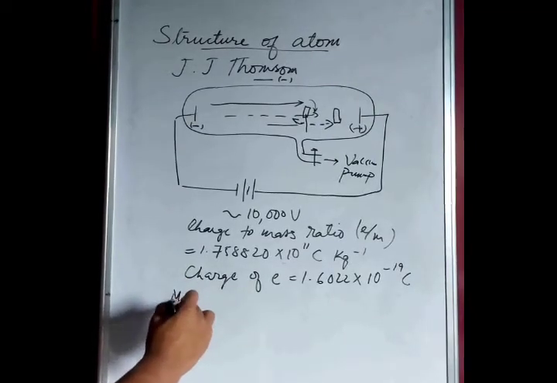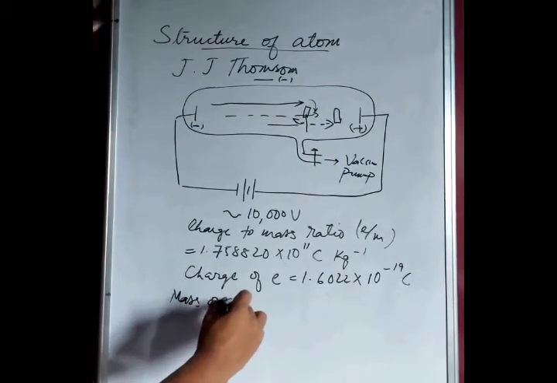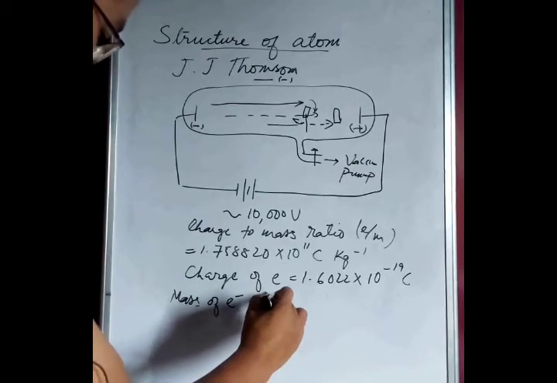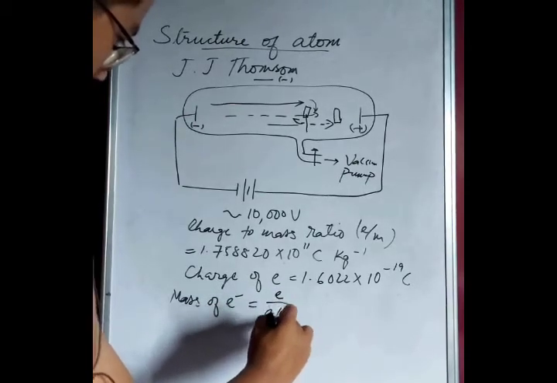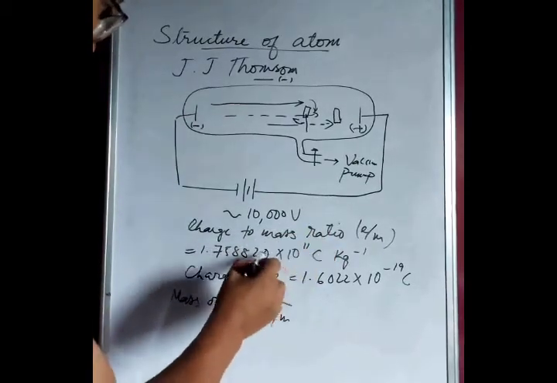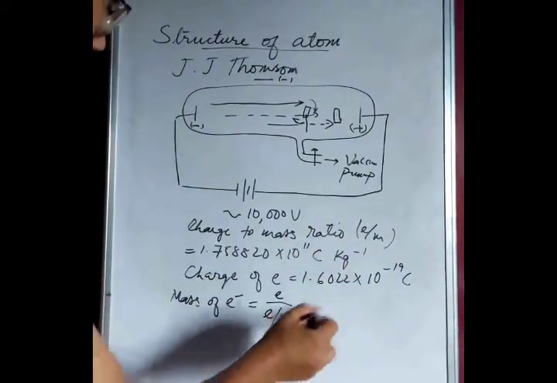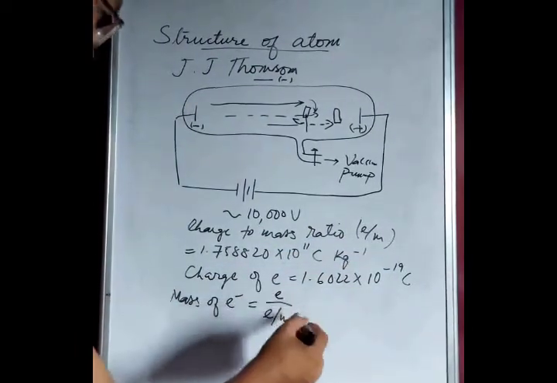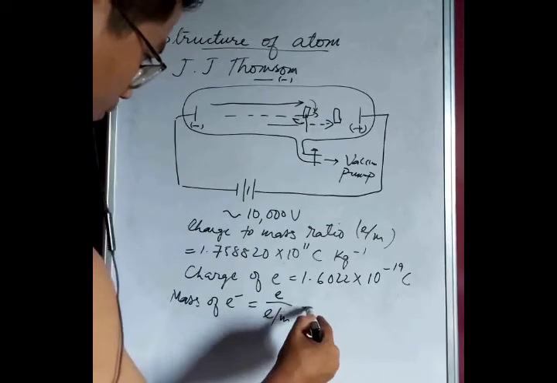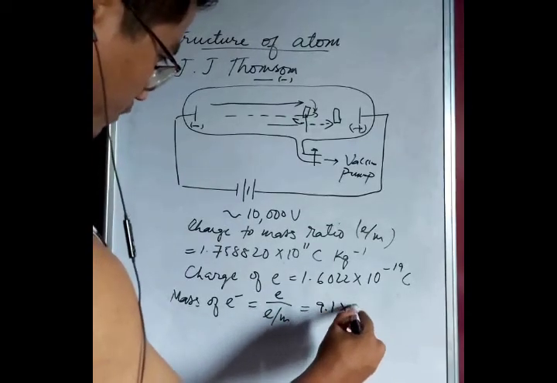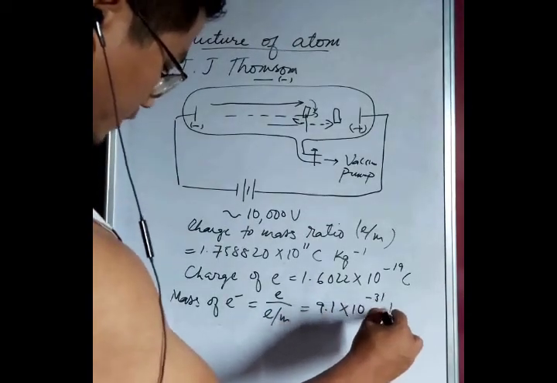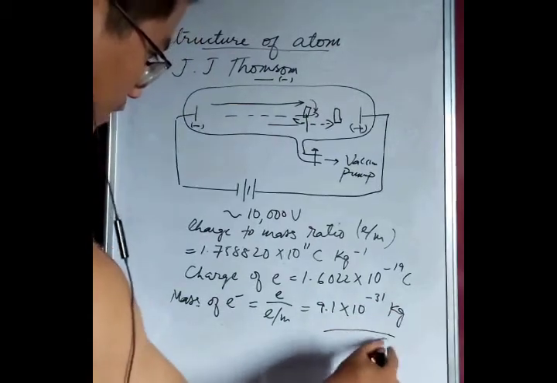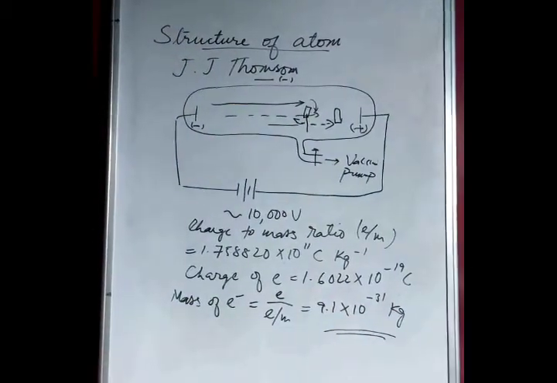The mass of an electron would be given by e divided by e/m. If you put these two values, e/m and the e value, then approximately we get 9.1 × 10^-31 kg. This is the mass of an electron as calculated from the charge to mass ratio and the charge of an electron.